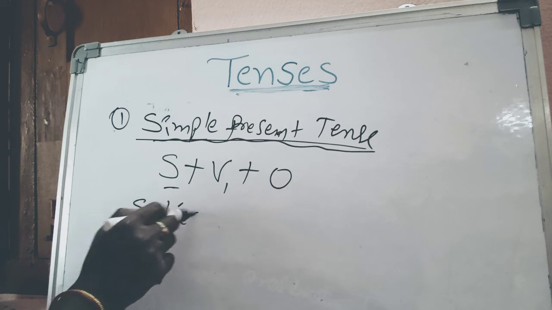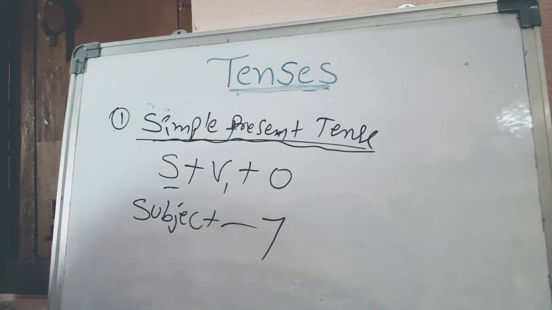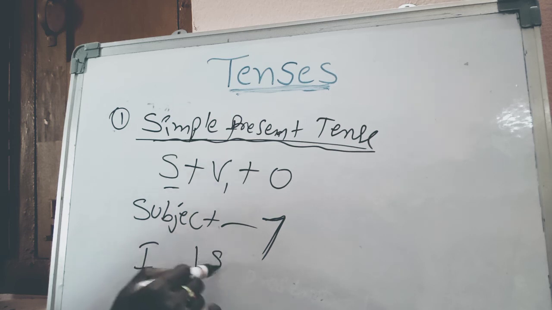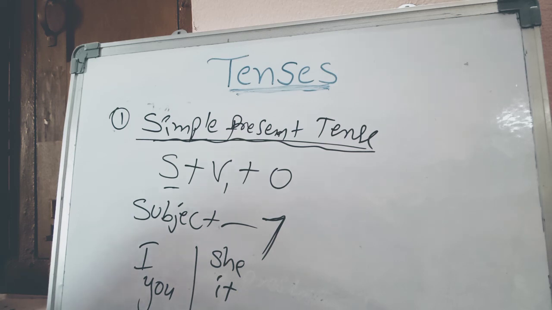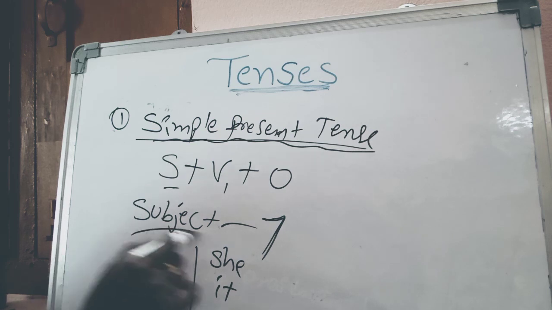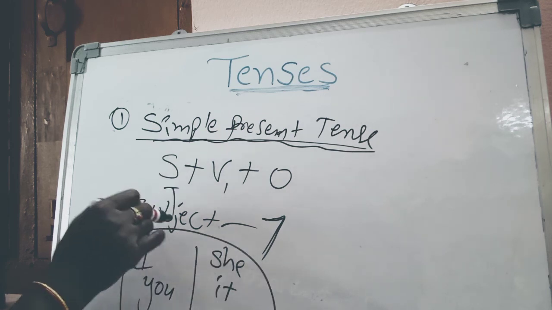The subjects are seven: I, you, we, he, she, it, and they. 1, 2, 3, 4, 5, 6, 7 subjects are there.